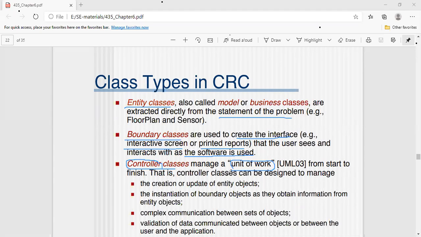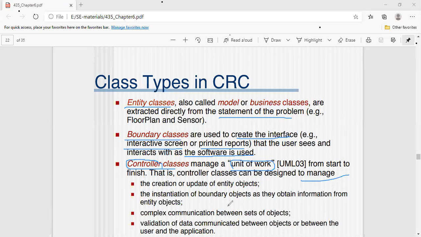Also, controller classes can be designed to manage the creation or update of entity objects, and the instantiation of boundary objects. They are going to initiate or install some boundary object if the project demands. The third one is complex communication between sets of objects.